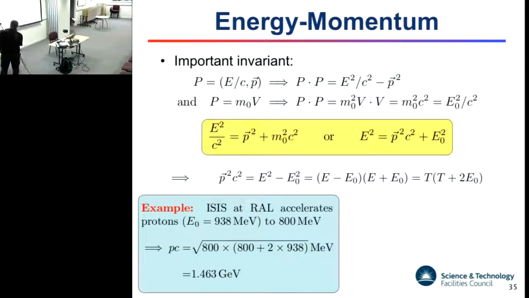m naught c squared. So if I talk about a proton beam of 1 GeV, you've got to add to that the rest energy, which is also 1 GeV. So the total energy is 2 GeV, which means that my gamma m naught, my gamma is equal to 2 in this case. So for a 1 GeV proton beam, my gamma is equal to 2.